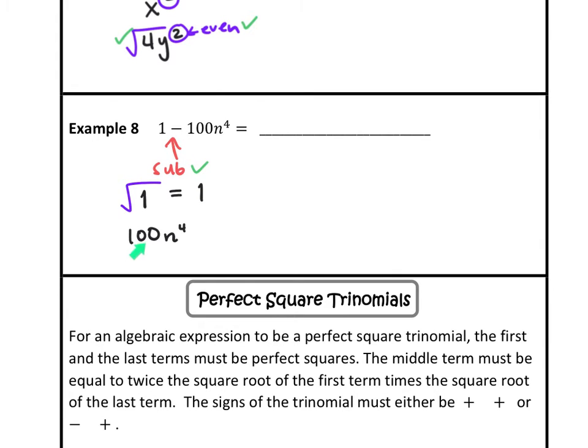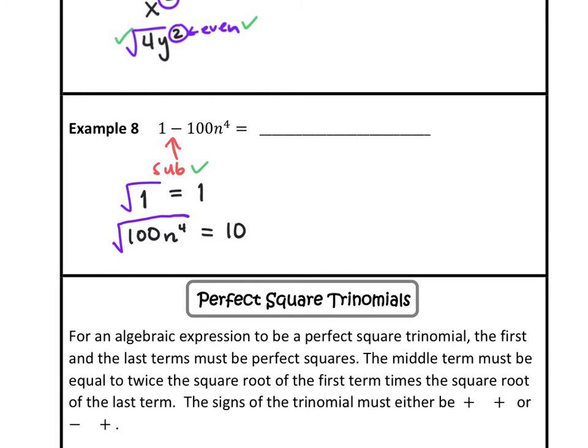Can I take the square root of 100 and get a whole number? Yes. Is the exponent even? Yes. So everything checks off. And so the next step is to square root the first term and the last term. But I already square rooted the 1. I got a 1, right? Now what do I get if I square root the second term? So what's the square root of 100? That's 10.